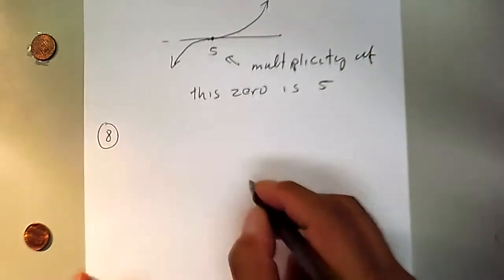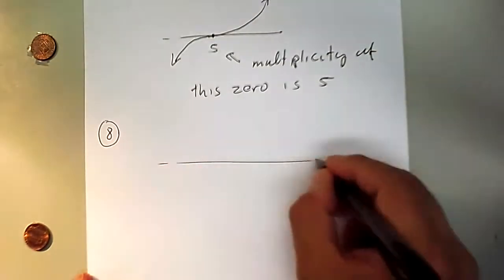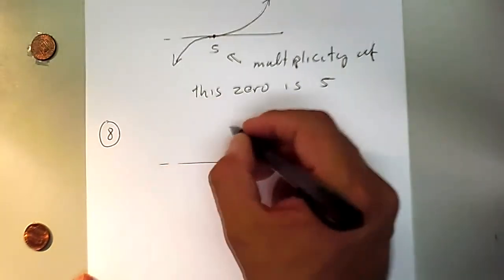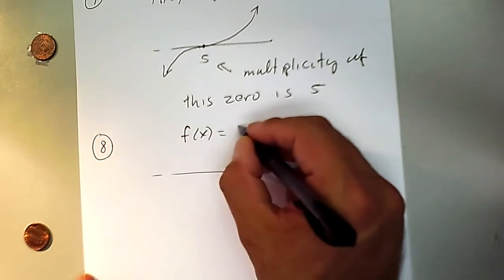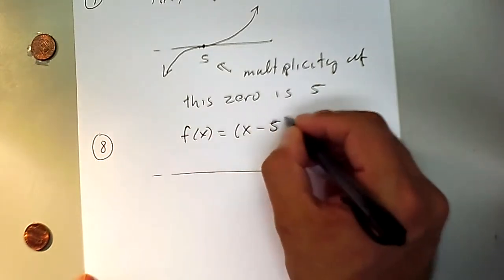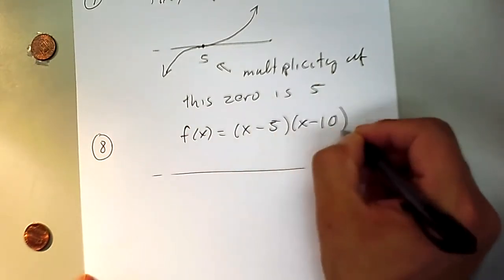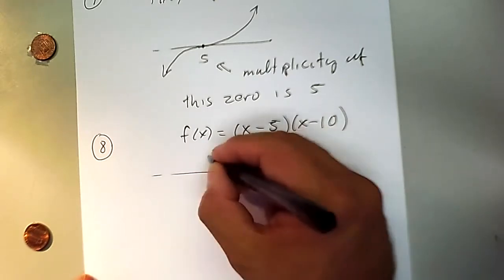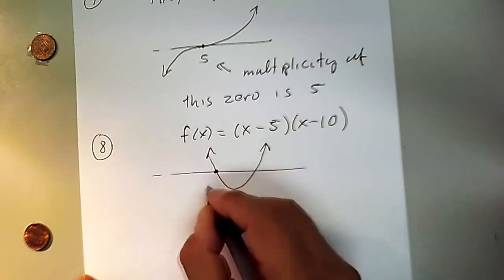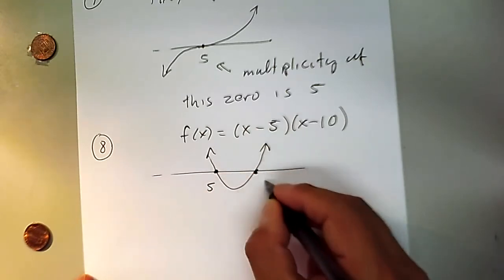Example 8. If we have 2 zeros that are different, say f of x equals x minus 5, x minus 10, then we're going to cross the x-axis twice. Once at 5 and another time at 10.